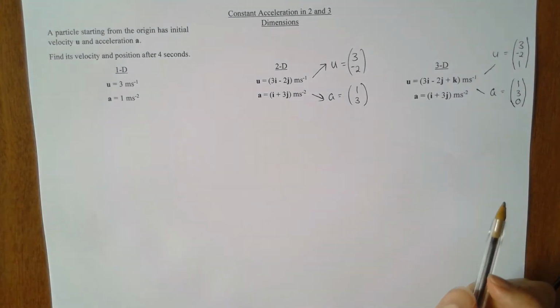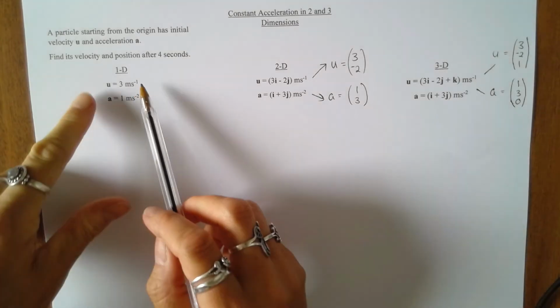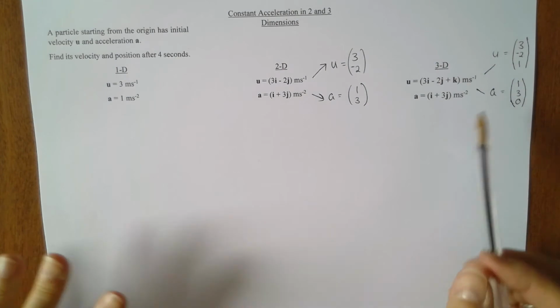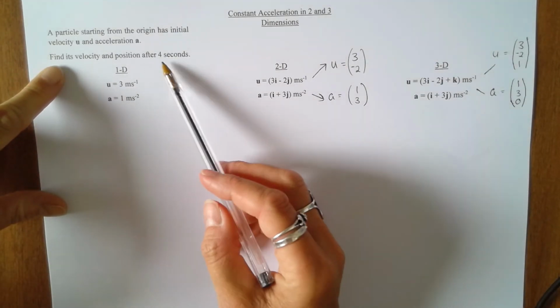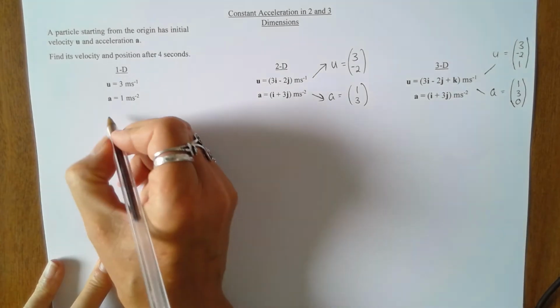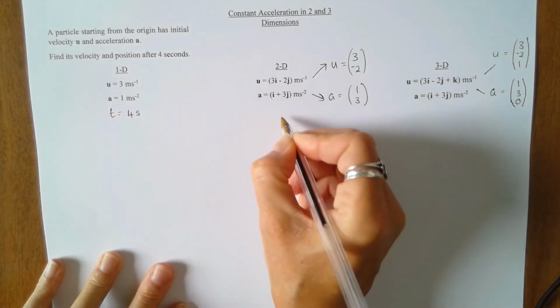As usual, I'm going to write down the key values from the question in a list format so that they're easier to read. So here I've already written the u and the a, but looking back at the question, we've got to find the velocity and position after 4 seconds. So t, time, equals 4 seconds.